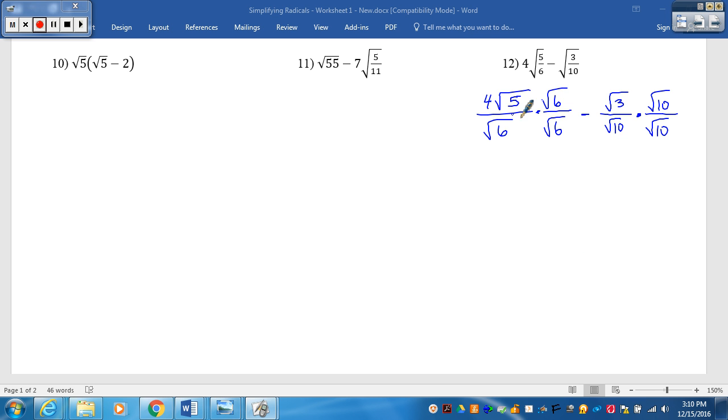For this one over here, again, you can always put a 1 in front of this if it makes you feel more comfortable, and multiply like with like. 4 times 1 is 4. Radical 5 times radical 6 is radical 30. Now, what you might want to do at this point is think to yourself, can I factor anything out of radical 30? Well, if you think about it, 5 can't be broken down, and 6 can be broken down into 2 and 3, but again, we don't have any duplicates, okay?